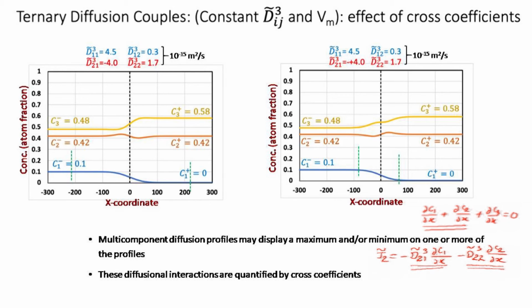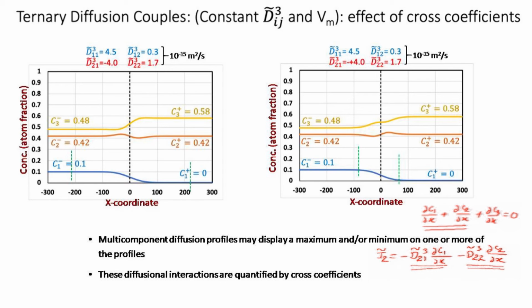So, it has a reducing effect, because the second term is positive, the first term is negative, which means the interdiffusion flux of component 2 is reduced down the gradient of 1 and it is enhanced up the gradient of 1. How is it enhanced? Up the gradient.